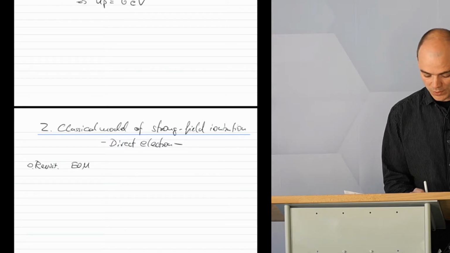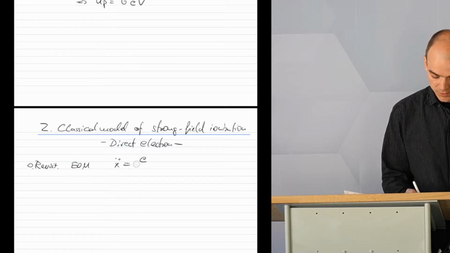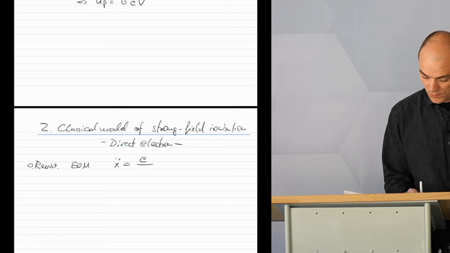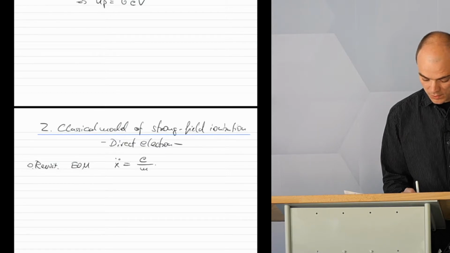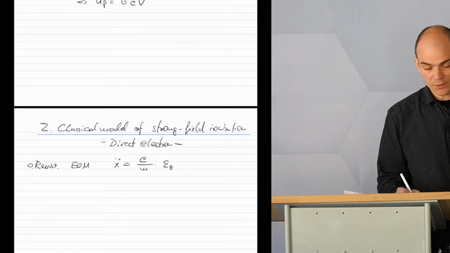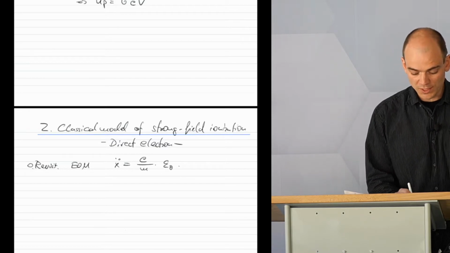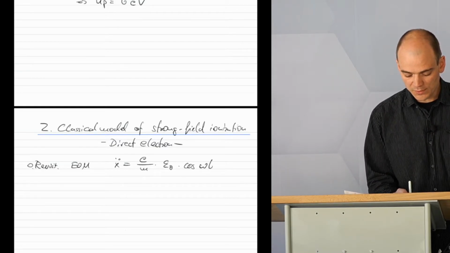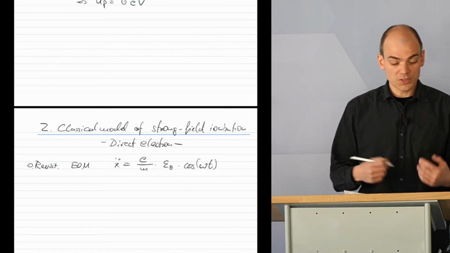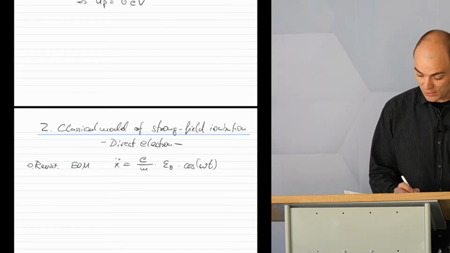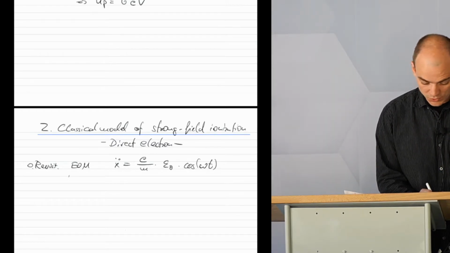We have x double dot equals E over m times the electric field strength, and then we'll just assume that we have a cosine that describes our field. And now we can directly integrate this, and this is what we did in equation 14.